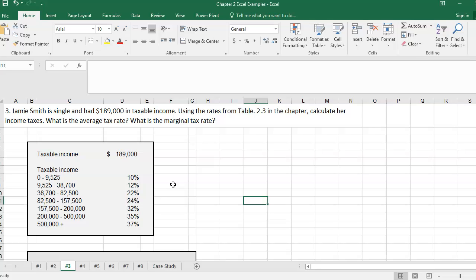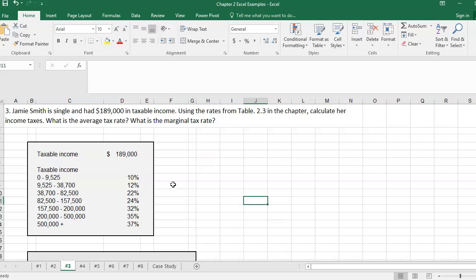So on the first $9,525 of income, we pay 10% in tax. Then on the next threshold of income between $9,525 and $38,700, you pay 12% of tax, and so forth.